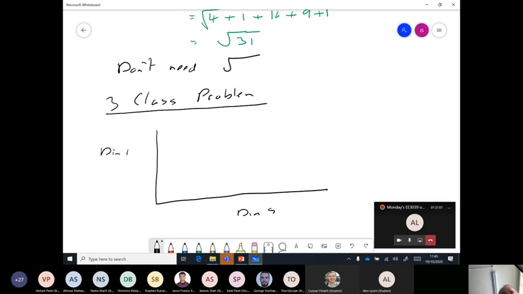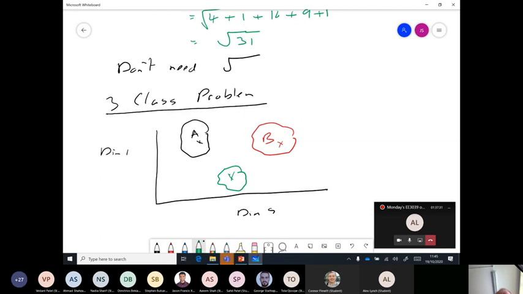And supposing I have class A, let's have class B, and let's have class C. There's 3 different data clusters in 2-dimensional space.